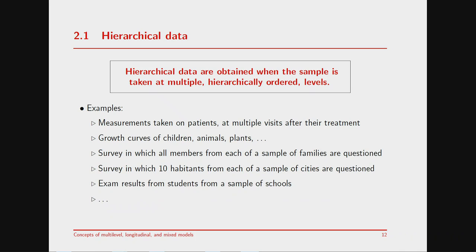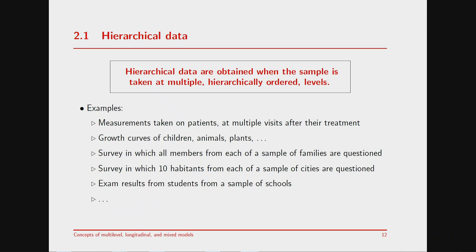But there are also other situations. Suppose you do a big survey in which you randomly sample a number of families in a particular region or a country or a city. That's less important, but you randomly sample families, and then you visit all these families, and you give all the family members a questionnaire.